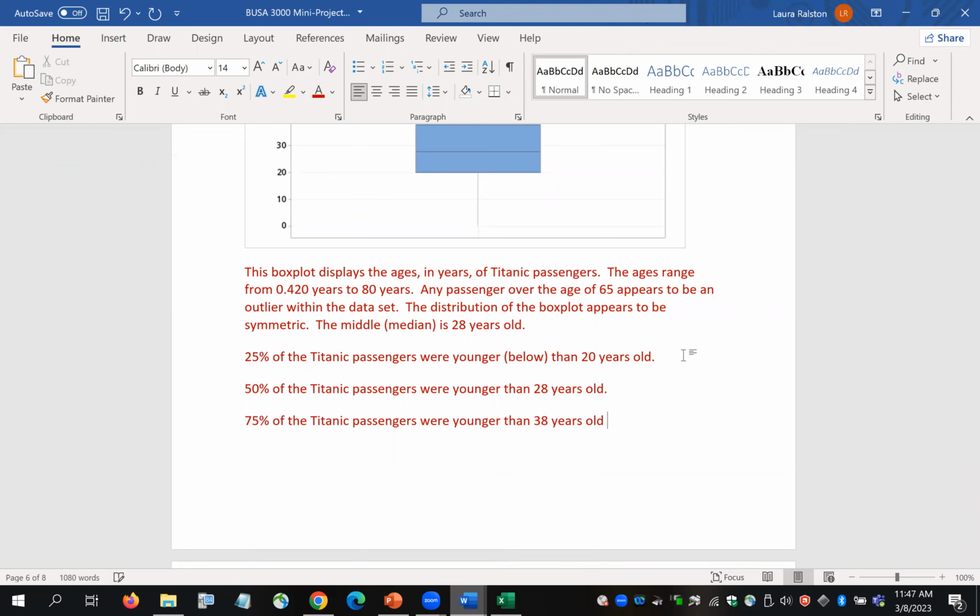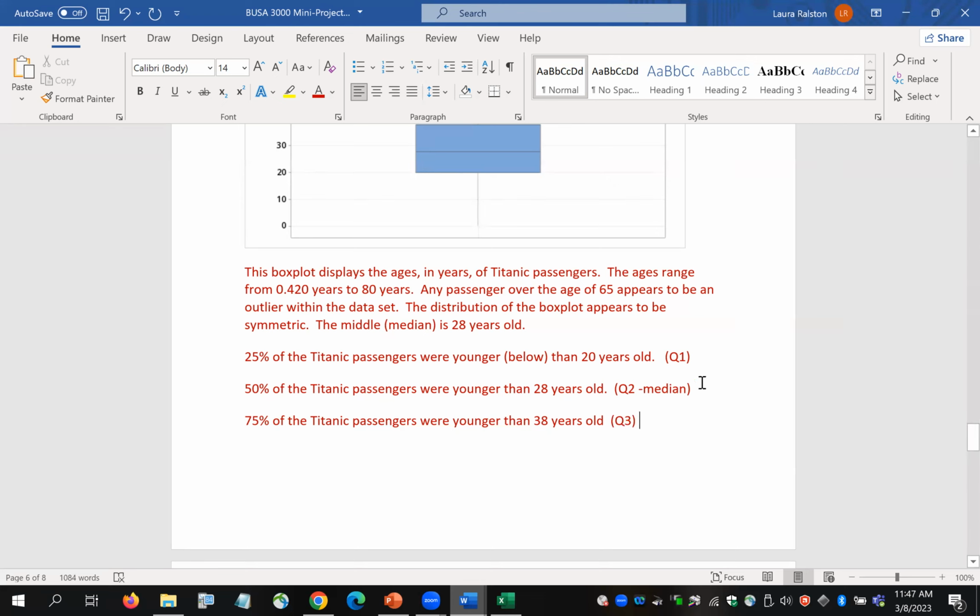Okay, so I'm going to make a note here, this is Q1, this is Q2, which is the median, and this is Q3.